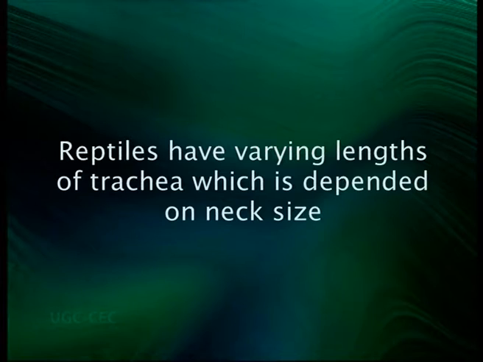In amphibians, the trachea is very short, or sometimes absent altogether. The trachea is present in Siren and other amphibia, and there it is only 4 to 5 centimeters long. Reptiles have varying lengths of the trachea, and its length depends upon the length of the neck. The longer the neck, the longer the trachea.